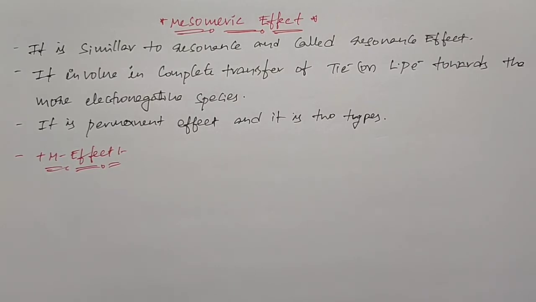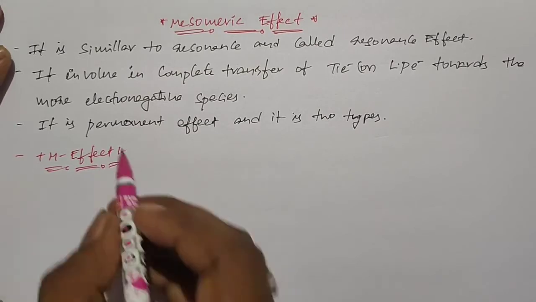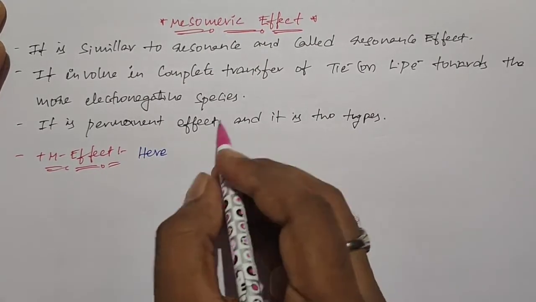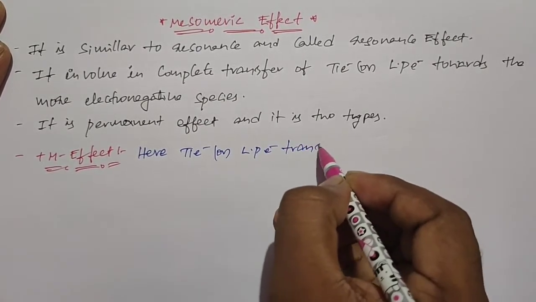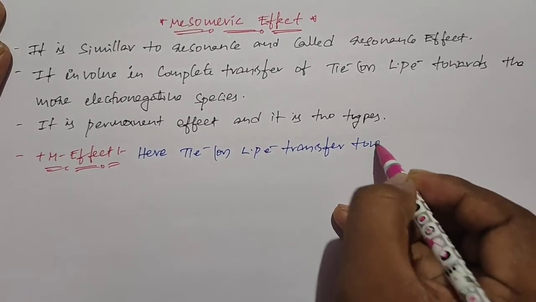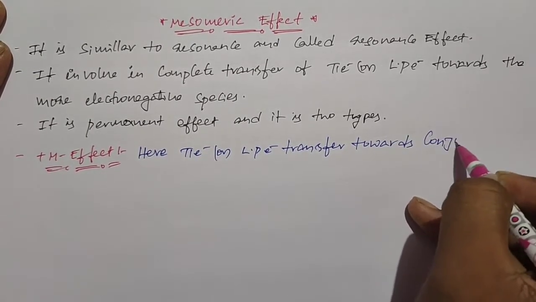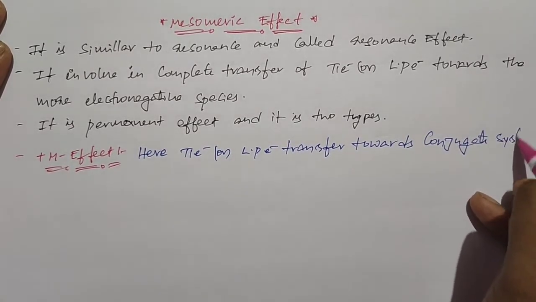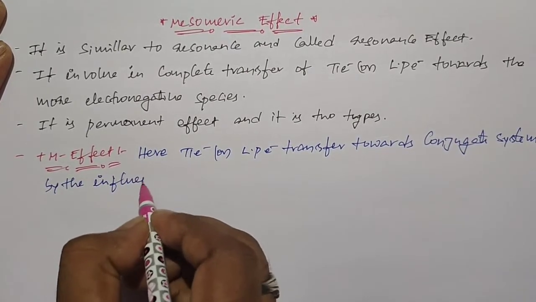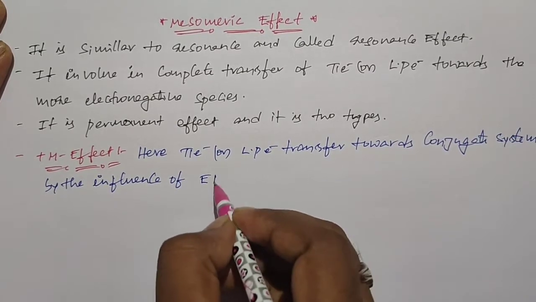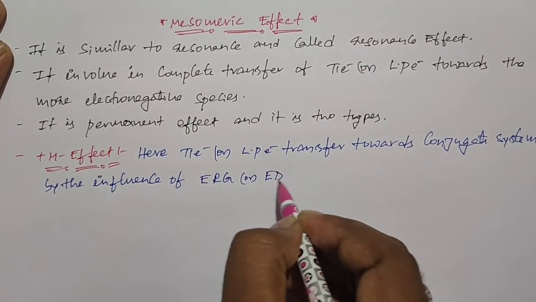Here the pi electrons or lone pair electrons are transferred towards the conjugated system by the influence of an electron donating group or electron releasing group.